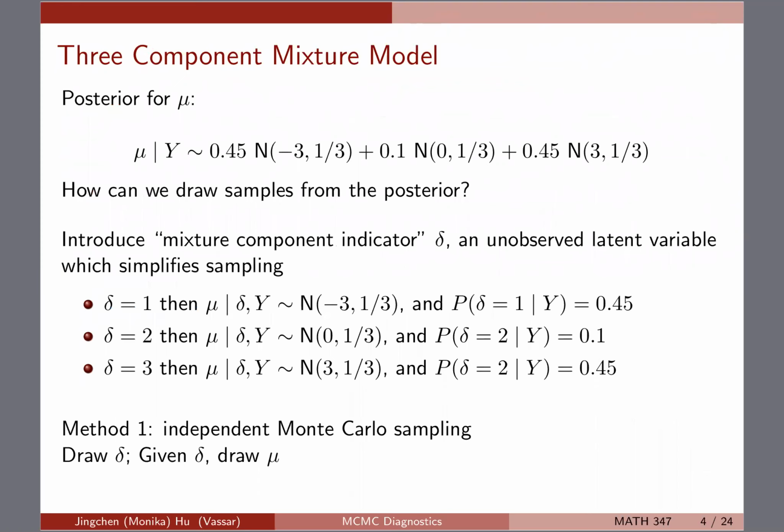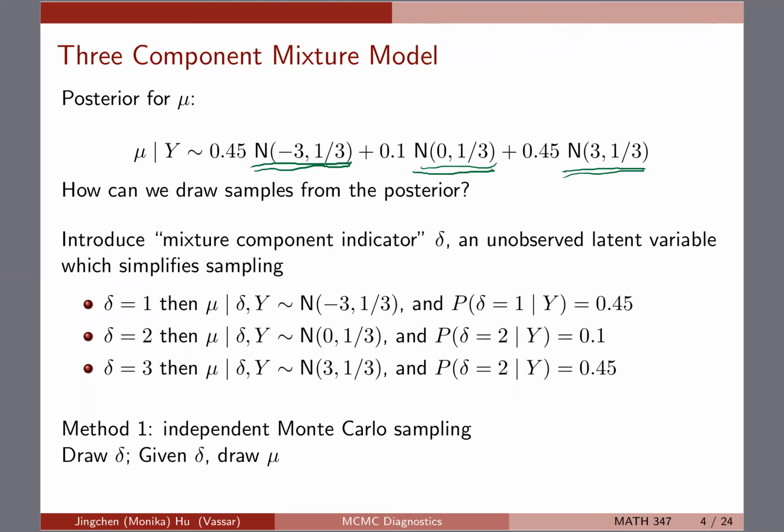So the notation here: this is a normal with mean at -3 and variance 1/3. This is a normal centered at 0 with the same variance. And this is another normal centered at 3 with the same variance.